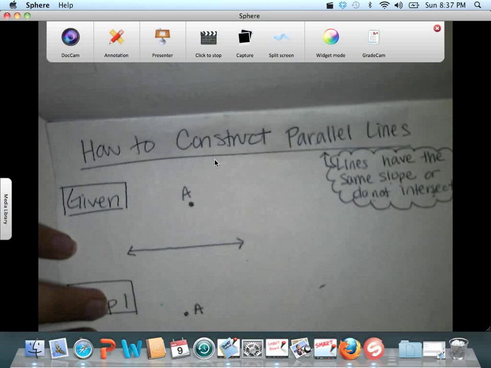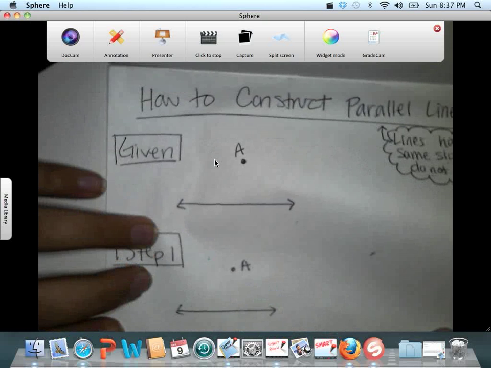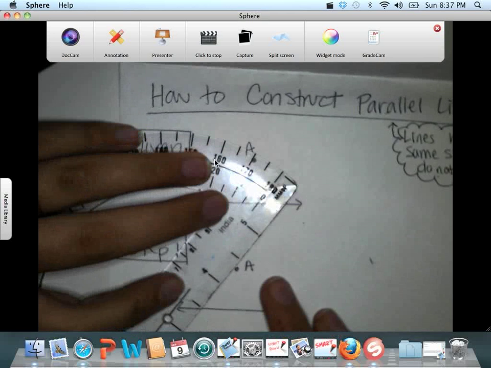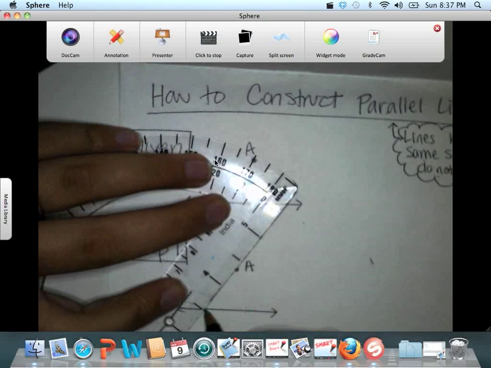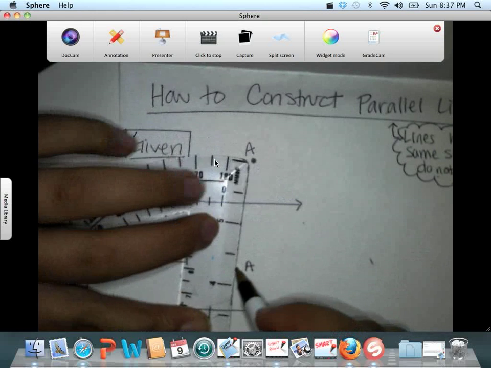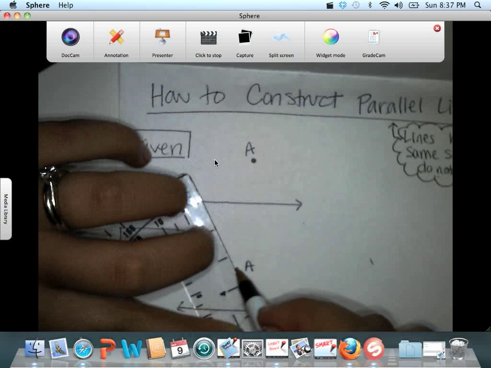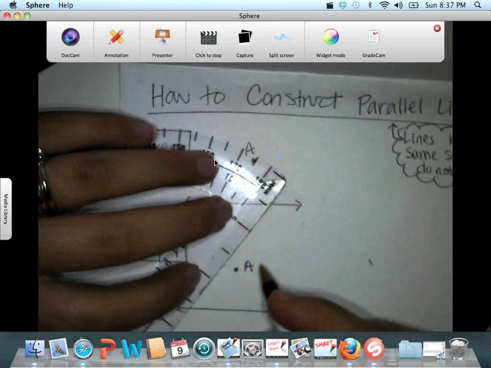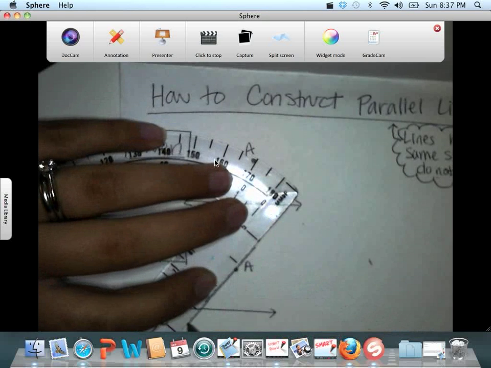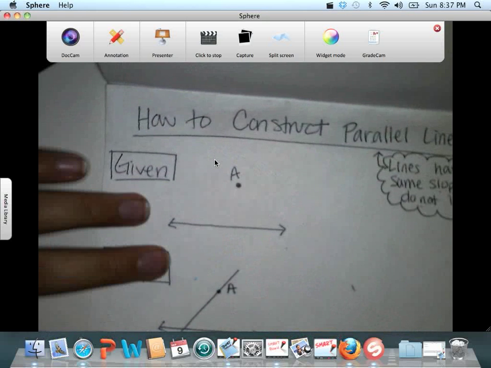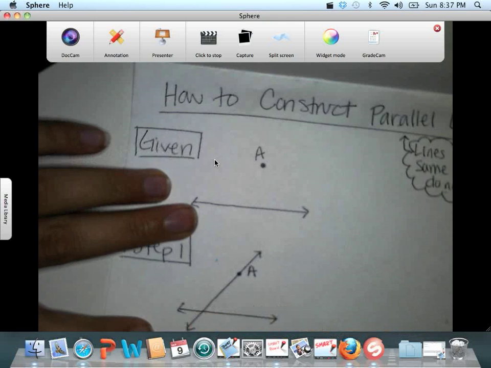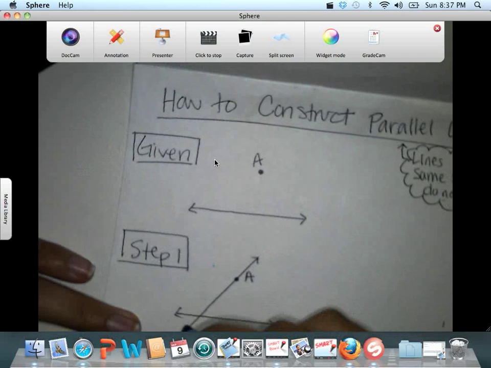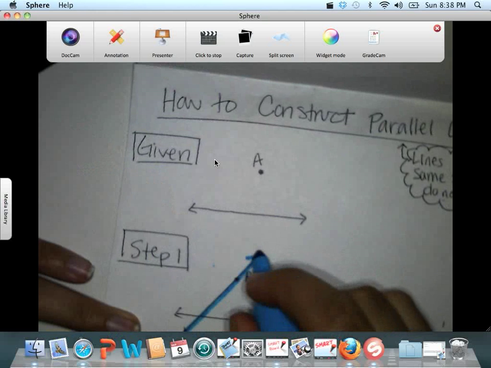Okay, your first step is to draw a line through A and that intersects with the line. Now, it can be anywhere. It can be like this, it could be like this, it could be like this. It does not matter as long as the line goes through the point and through the line. Okay, let me make it blue so I know that that was my step.